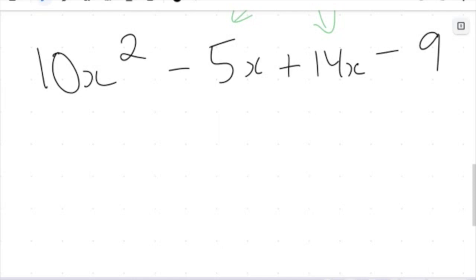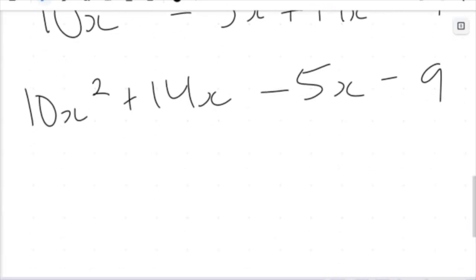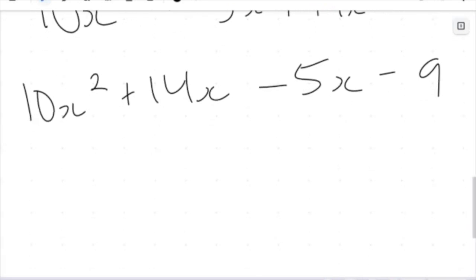I can try it with either, but let's say I took 10x squared plus 14x. I rearranged my grouping a little bit, and I'll try this. Now, 2x is a common factor in this first pair, so I'm going to get 5x plus 7.